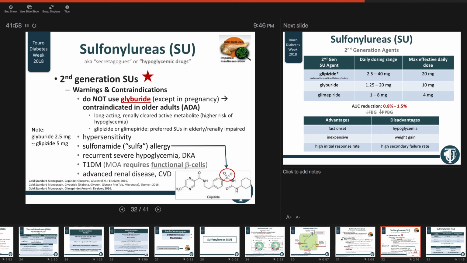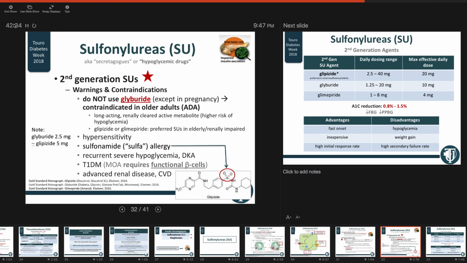For those who are allergic to sulfonylurea, of course, we don't want to use it. Speaking of allergies, if you take a look at this molecule right here, which is glipizide, it contains sulfa. So for those who have a sulfa allergy, we do not want to use it. For those who experience DKA or have really recurrent hypoglycemia, we want to avoid using sulfonylurea.